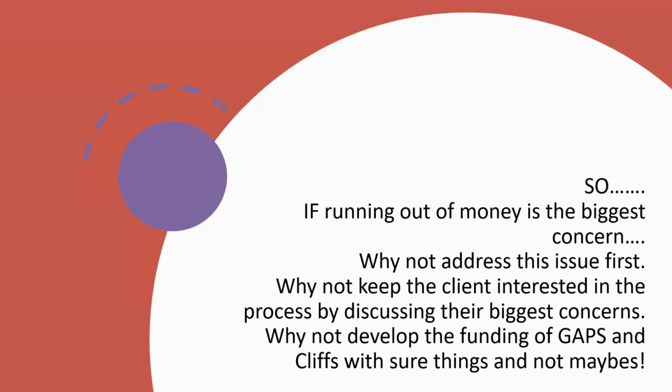Why not take care of the income, then do the life insurance? You might even do a fixed income annuity contract that generates enough premium to buy the life insurance. So why not address this issue first? Why not keep the client interested in the process by discussing their biggest concerns? Why not develop the funding for gaps and cliffs with sure things and not maybes? Why not?